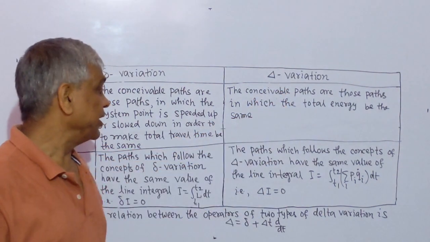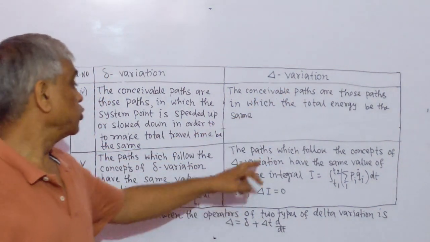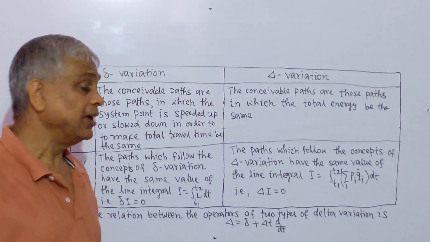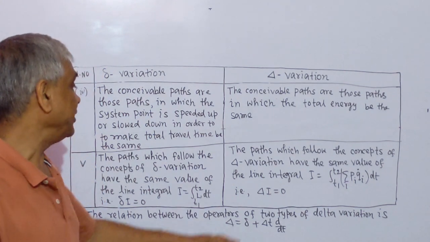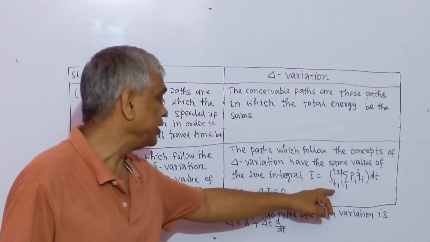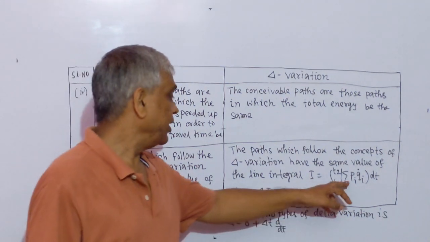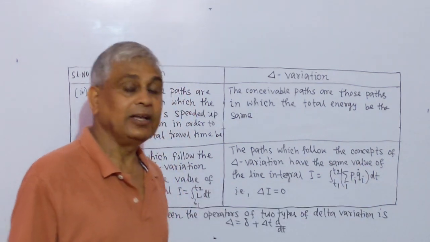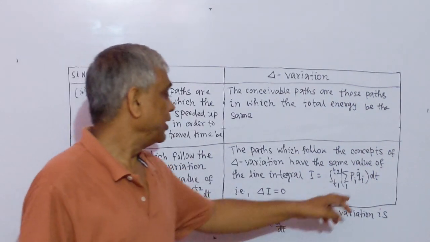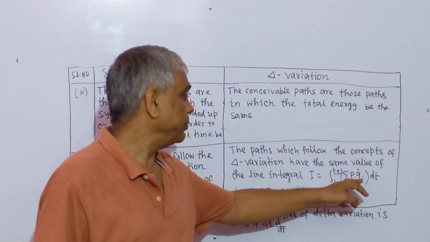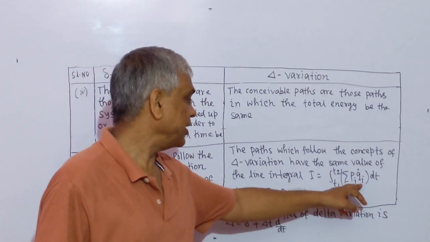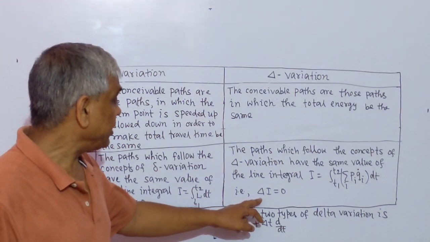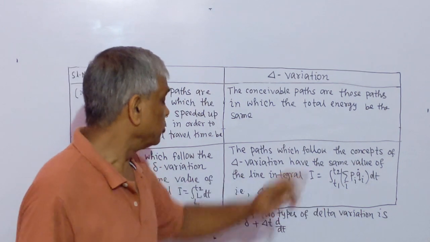In uppercase delta variation, the paths which follow the concepts of uppercase delta variation have the same value of the line integral I equal to integration limit t1 to t2 sigma i pi qi dot dt. Pi is the momentum and qi dot is the velocity. Here qi is the generalized coordinate. That is uppercase delta variation of I equal to 0.